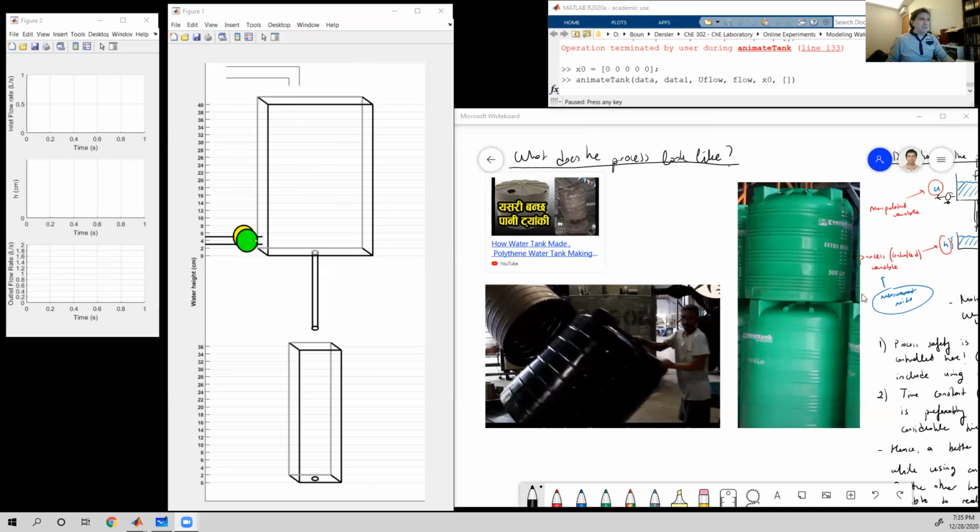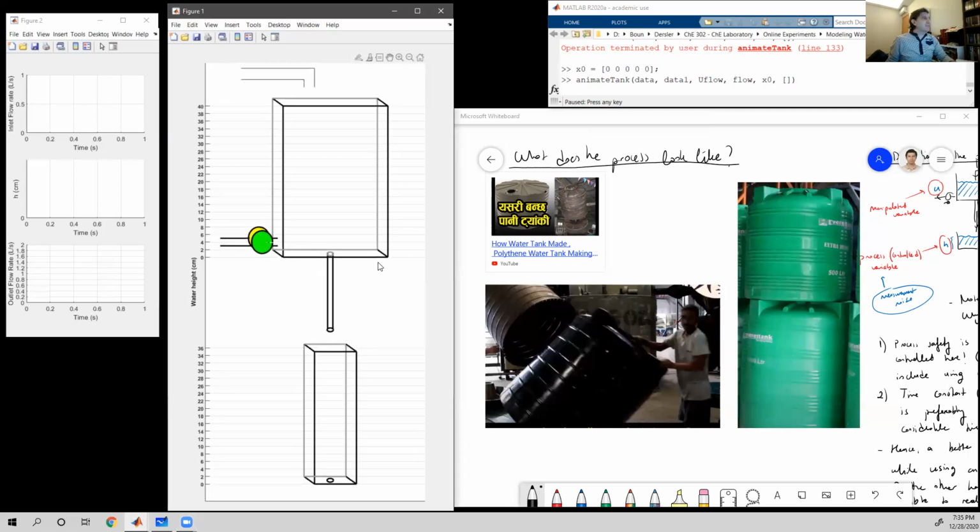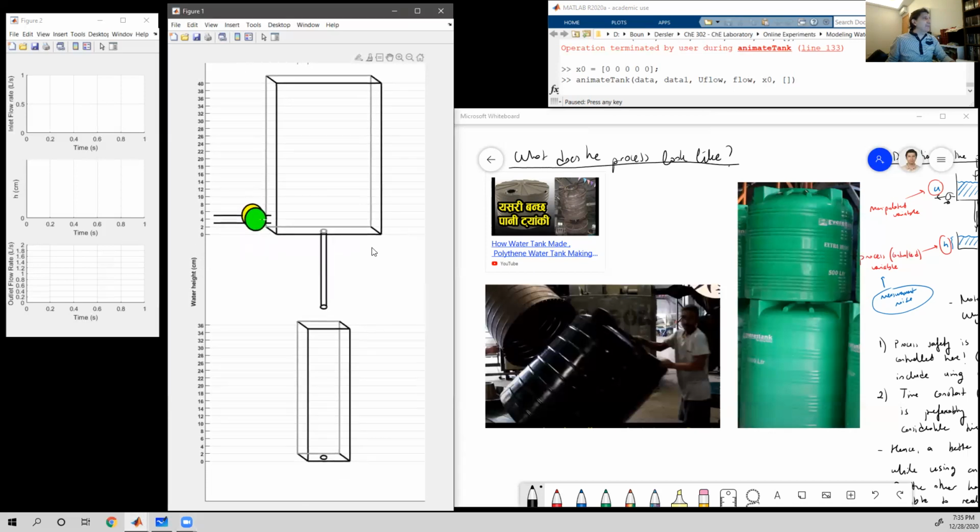Maybe the most important difference is going to be that long pipe here. I forgot the exact length, but I think it's a couple of meters, if I recall correctly. And it's going to be very narrow, as I said, compared to this tank, a very small opening.